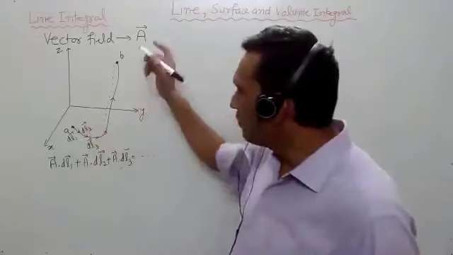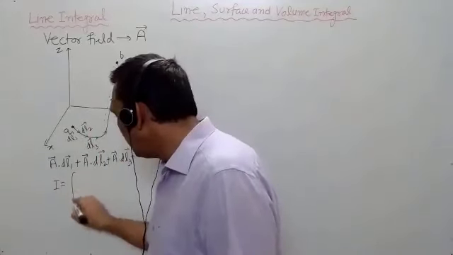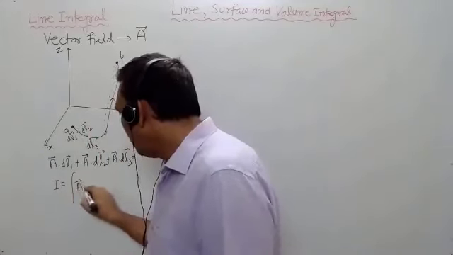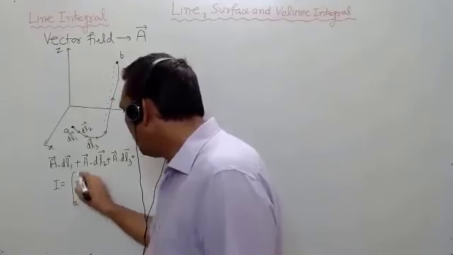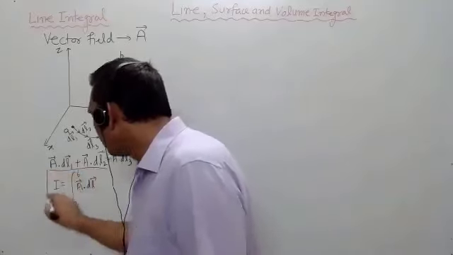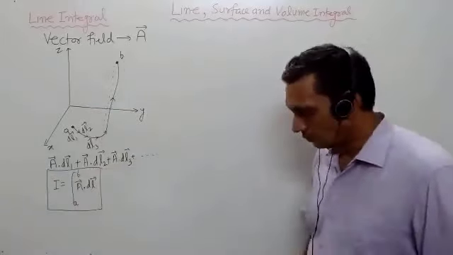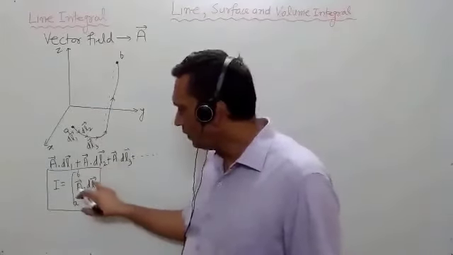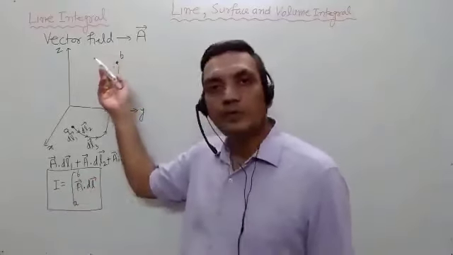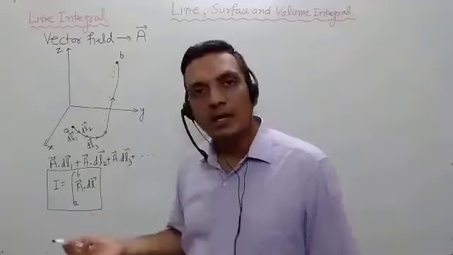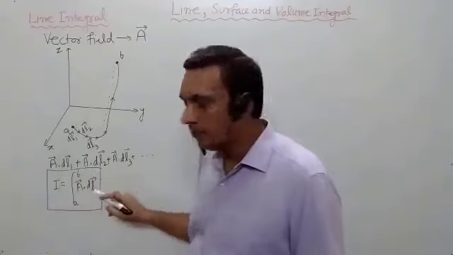And it's a continuous path from A to B. So line integral over this path is given by integral A dot dl from A to B. So dl, you know, in different coordinate system. So depending on vector A and the given symmetry, we will find line integral in different coordinate system.